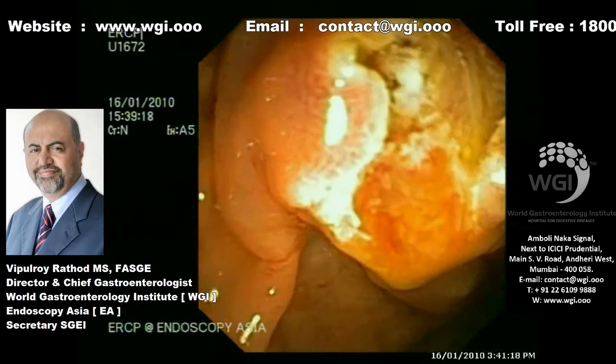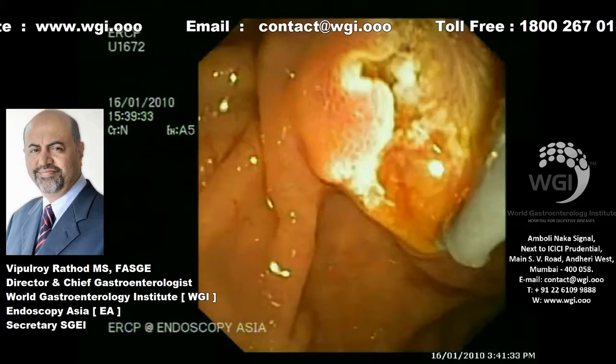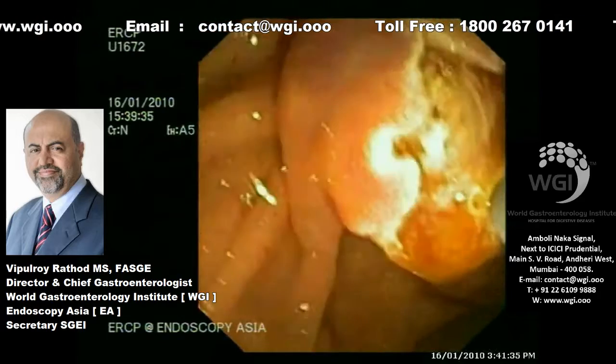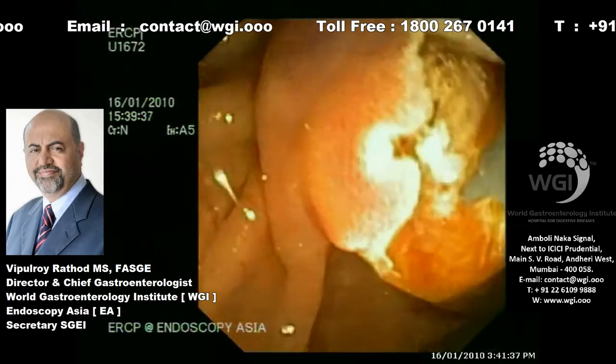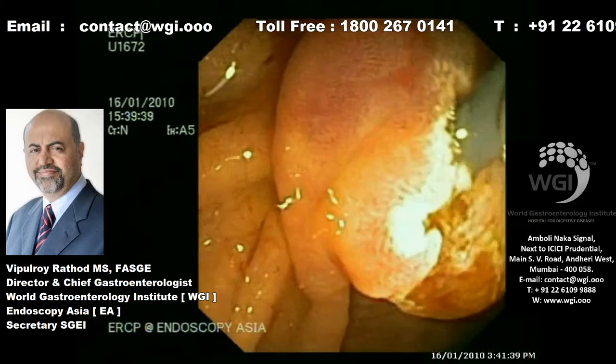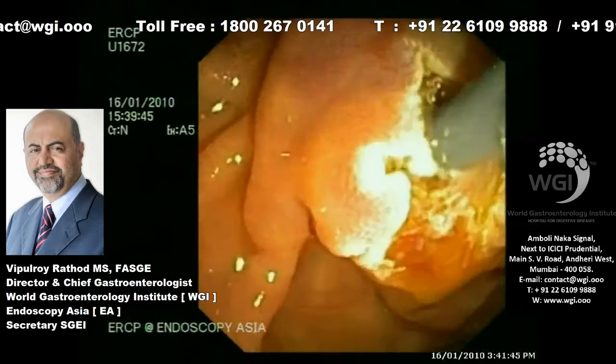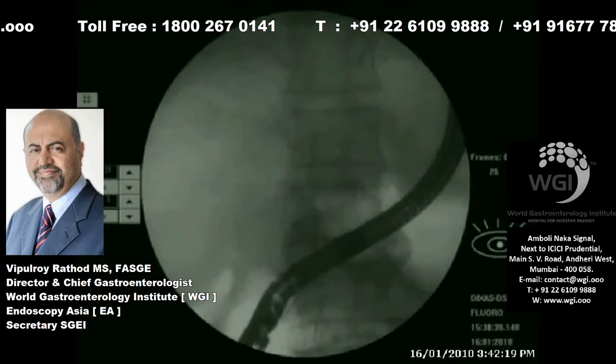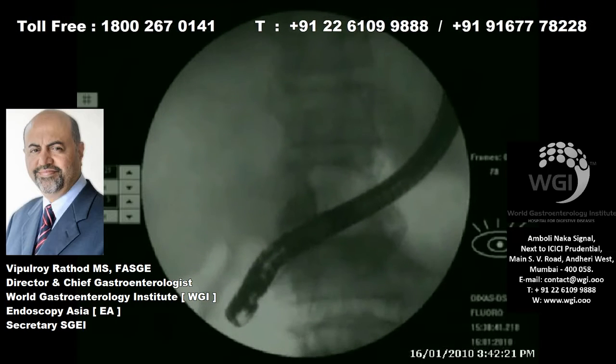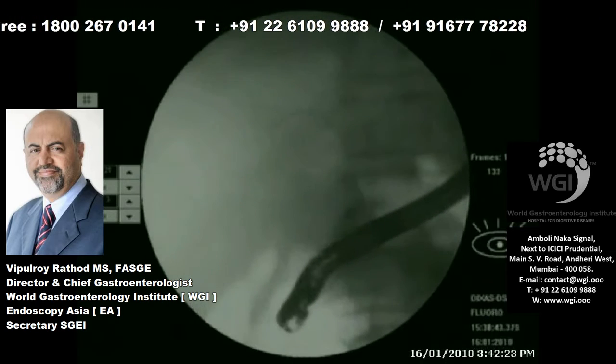You can see here very gentle maneuvers, a very gentle cut, and then I'm using a specially designed biliary dilator, a 7 French tapered tip with a Terumo, because sometimes these tumors are extremely tight and very sclerotic to negotiate.